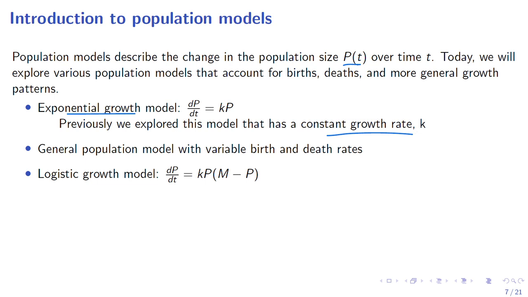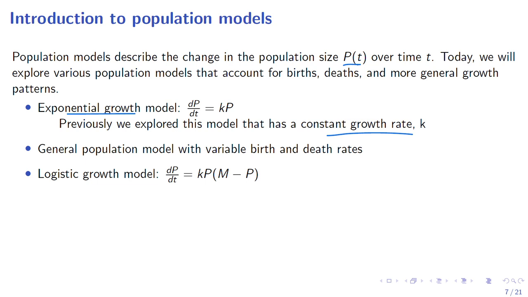And we see that if this k is positive, the population is growing exponentially, and it increases to infinity. And if k was less than 0, we saw that it decays and the population is going to go extinct.